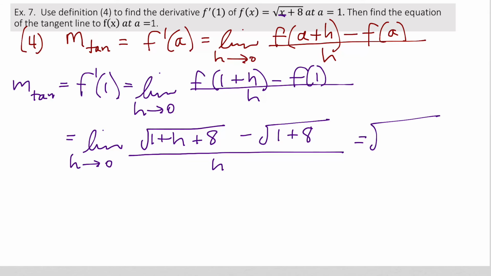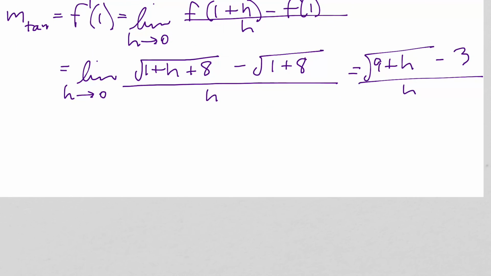So that's the square root of 9 plus h minus the square root of 9, which would be 3, over h. Alright, so now, if I want to evaluate that limit, I'm going to have to multiply by the conjugate, like we know we have to do when you've got a difference involving a square root.